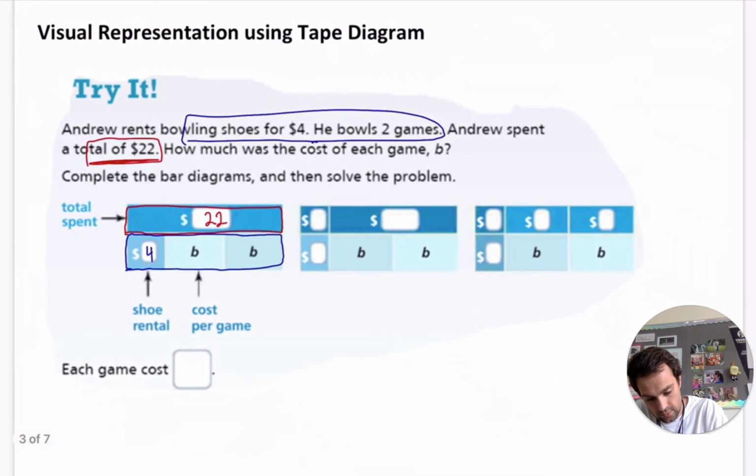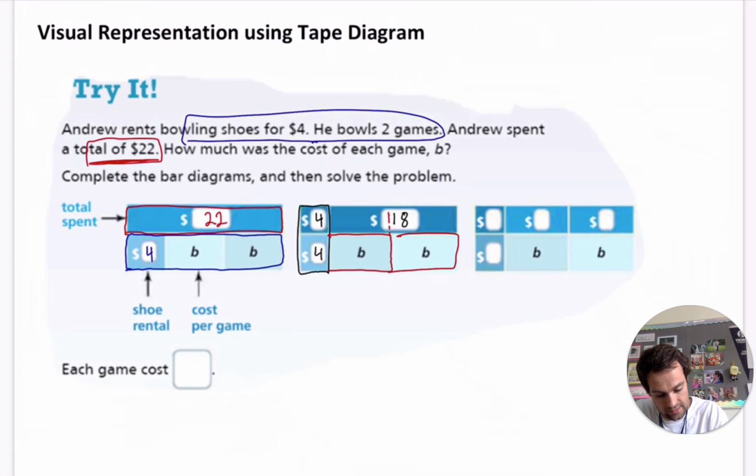So we know that this region here has to be the same. Well, we know this is 4, so then this is also 4. So how much did we remove from 22? 22 minus 4 gives us 18. Then we can split the B's up. There's 2 B's. We've split the 18 in half, so that gives us 9 and 9.